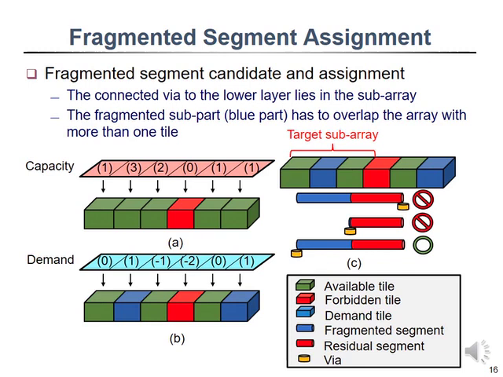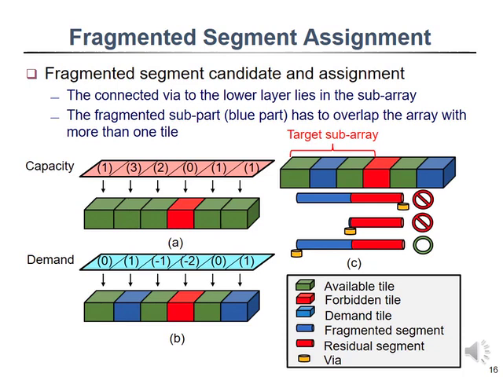The second condition is that its fragment segment has to overlap the subtile array with more than one tile. In Figure C, the second segment is also not a candidate segment because there is no overlap. Only the third segment in Figure C matches the two conditions.